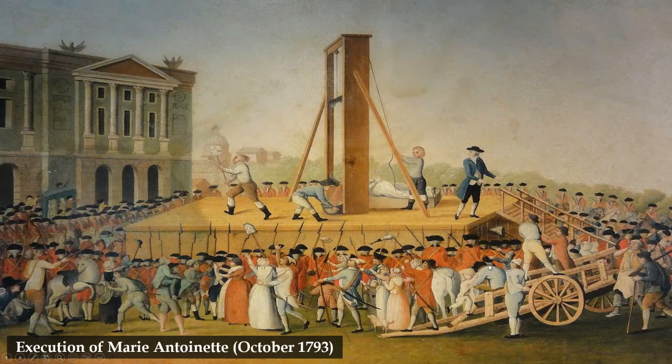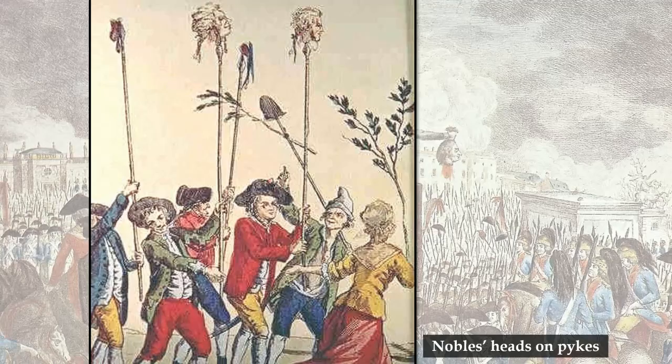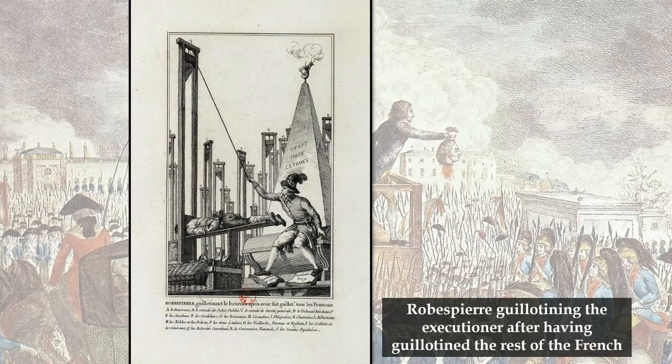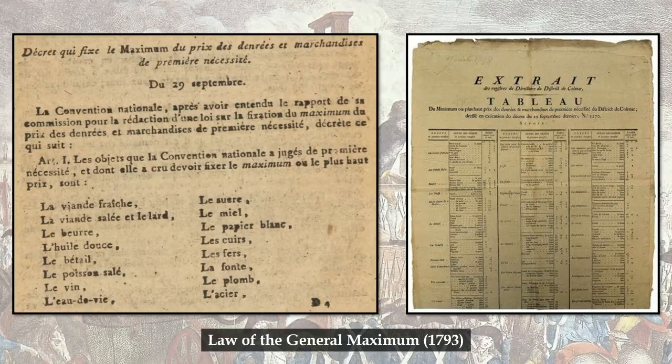The convention killed Marie Antoinette, the wife of Louis XVI, and many other nobles and people who were not supporting the revolution.